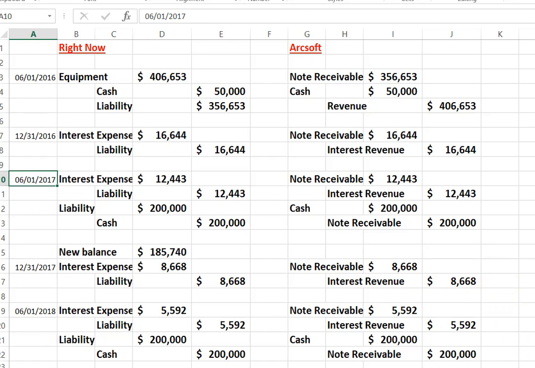Do a second in the next year, same process. Okay, the new balance is now 100 after the payment was 185,000. So you've got to calculate your interest based on that. The interest expense, liability, same accounts.